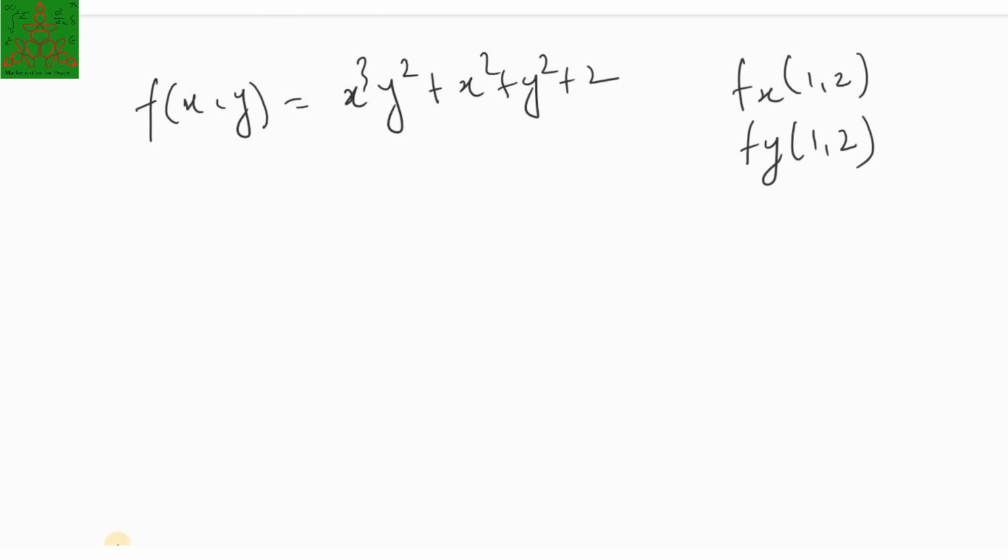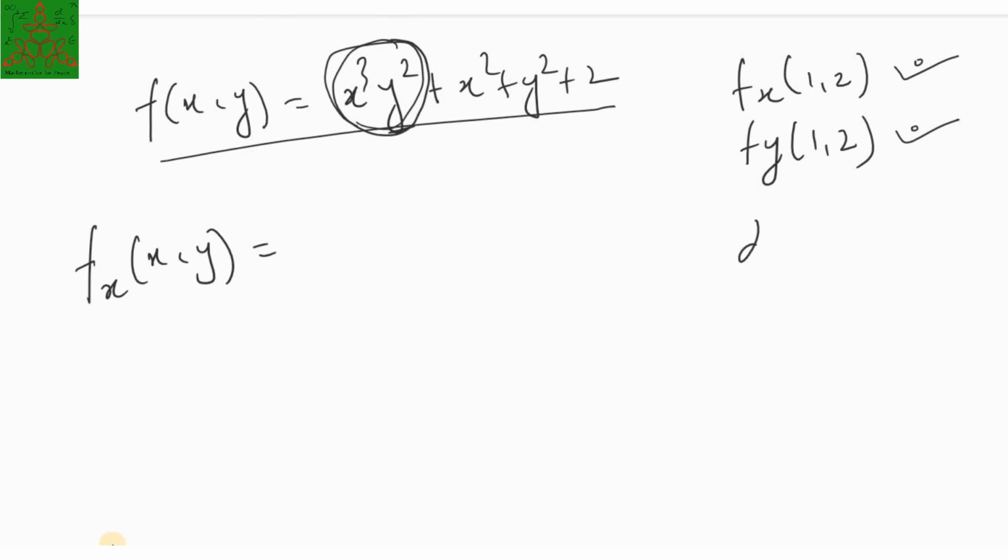In the previous example it was given as x cube y square plus x square plus y square plus 2, but the question was to calculate fx at (1, 2) and fy at (1, 2). Now what we will do is keep y fixed and take the derivative with respect to x, which will be denoted as fx at point x, y.